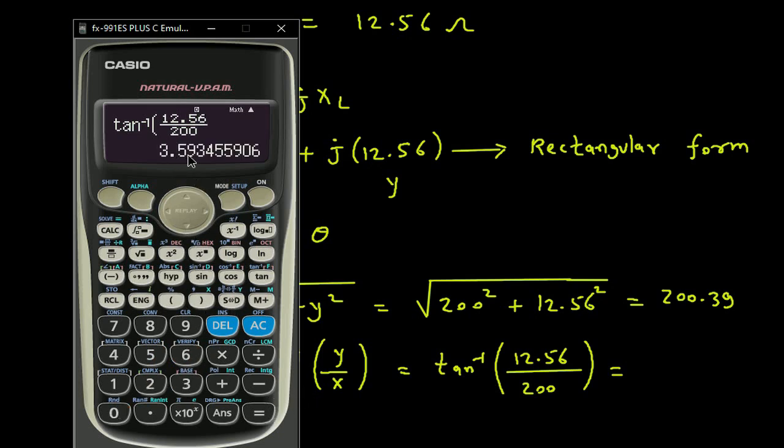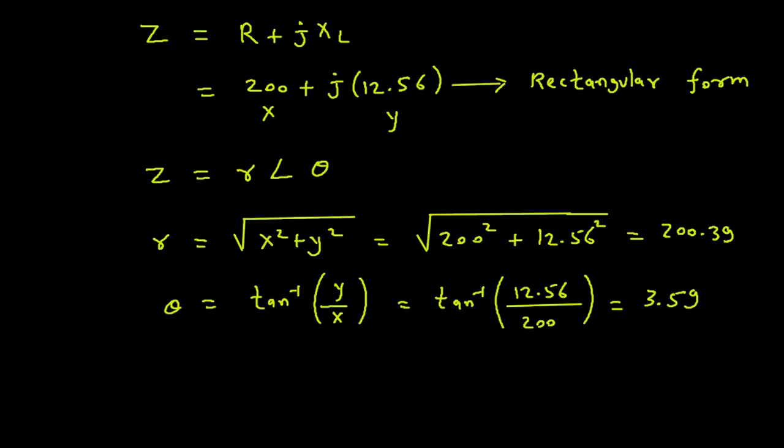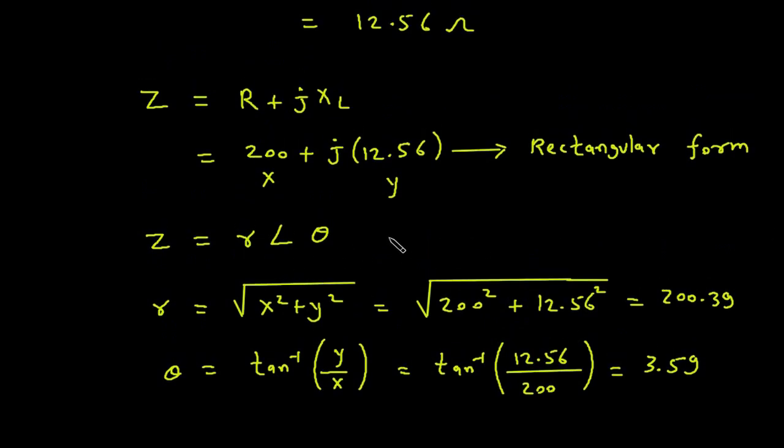So it is 3.59. It is the value of theta. So we will substitute these values in this polar form. This is called as polar form.